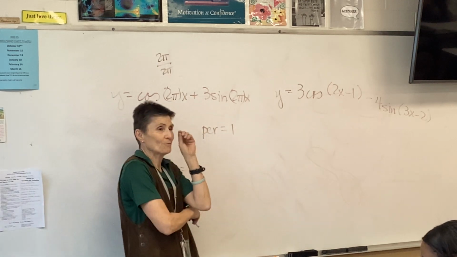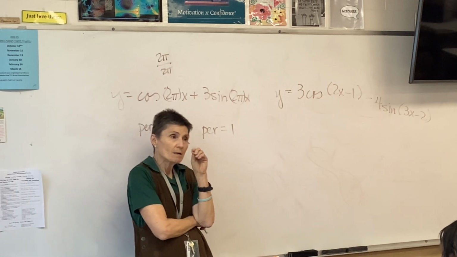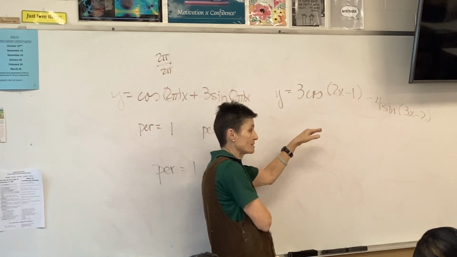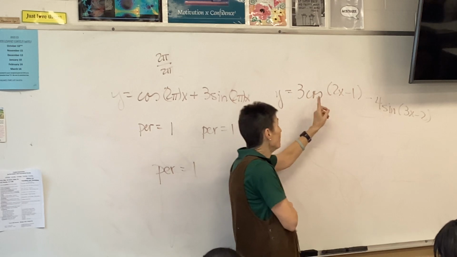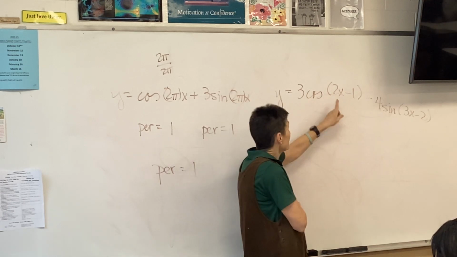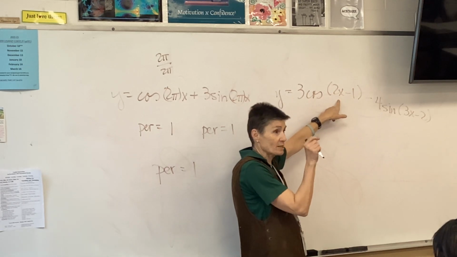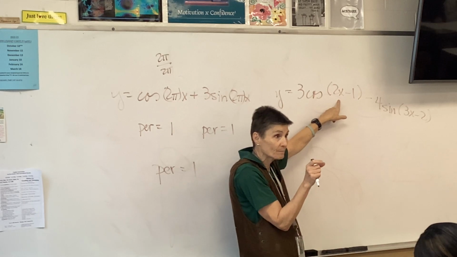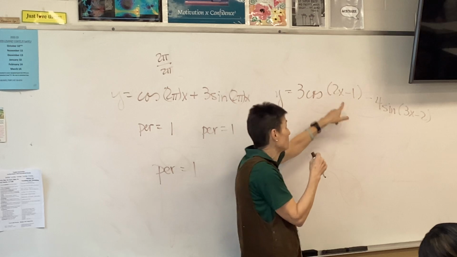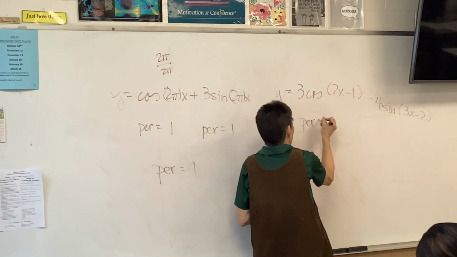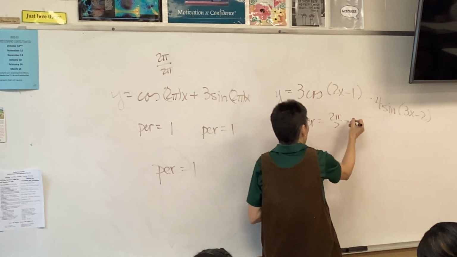Now, I don't know if you remember this from graphing. If you were going to graph this, you would have to factor this 2 out, right? But we're not graphing it. That 2, though, is what's going to influence the period. Whether you factor it out or not, that's going to influence the period. So the period of this one is 2 pi over 2, or pi.